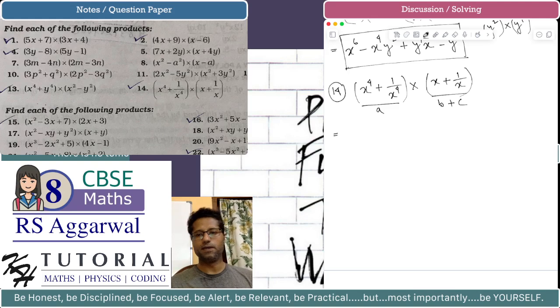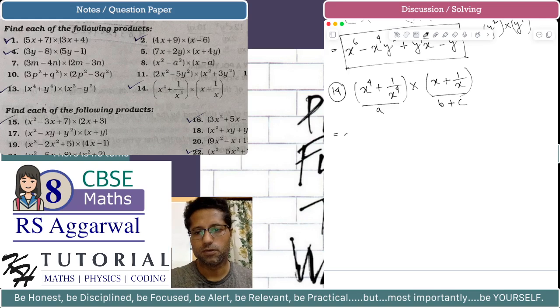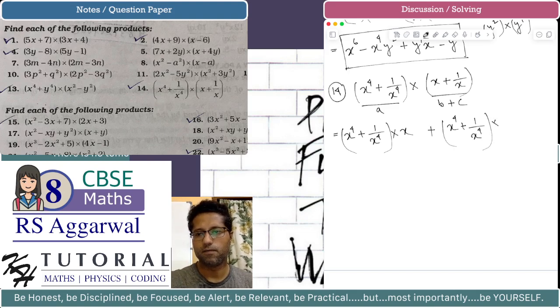I know it will be a into b plus a into c. So x to the power 4 plus 1 by x to the power 4 multiplied by x, this is a into b, and plus a into c, we have x to the power 4 plus 1 by x to the power 4 multiplied by 1 by x.